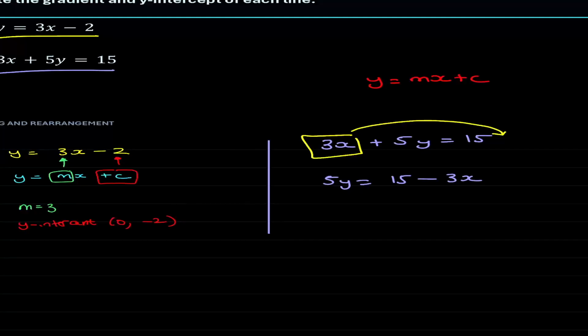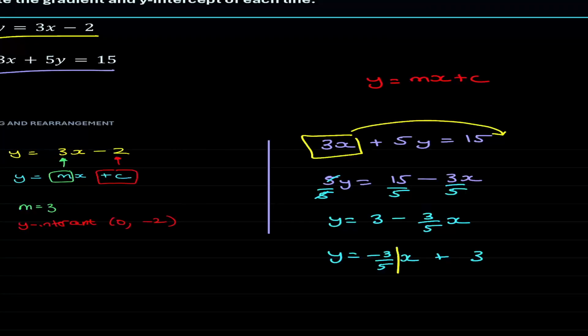And then we want to get rid of this 5, so y is by itself, so you're going to divide everything by 5. So you've got y is 15 divided by 5, which is 3, take 3/5 x, and we could just leave that as a fraction. So you've got negative 3/5 x plus 3.